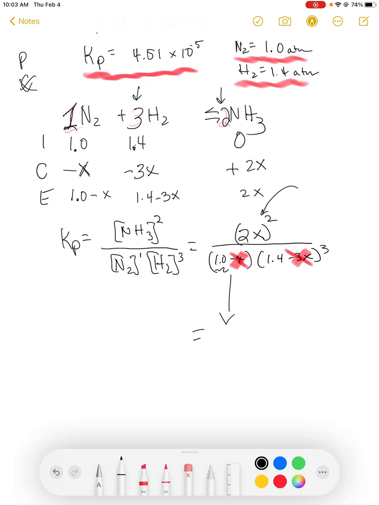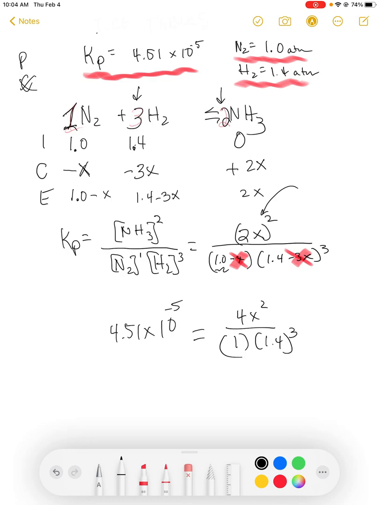So now we can come down here. We have 2x squared, 2x times 2x. Don't forget, it's not 2x squared, it's 4x squared. So be careful with that. Over 1 times 1.4 cubed.